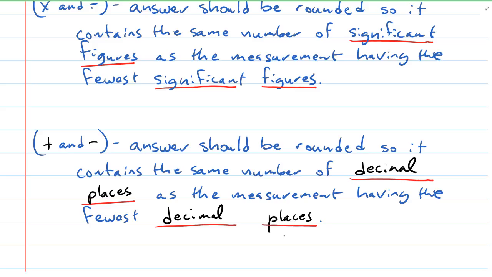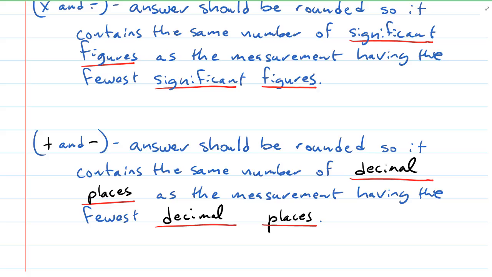So what it reads then is that your answer should be rounded so it contains the same number of decimal places as the measurement having the fewest decimal places.